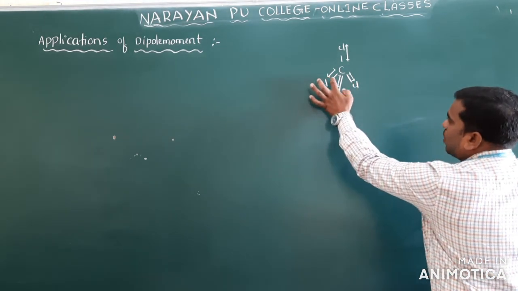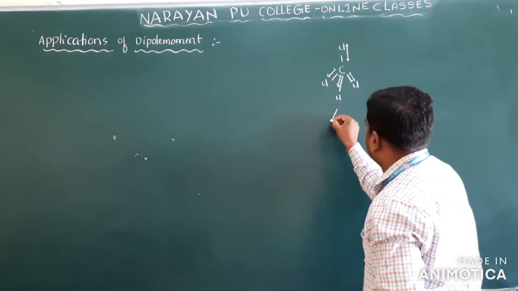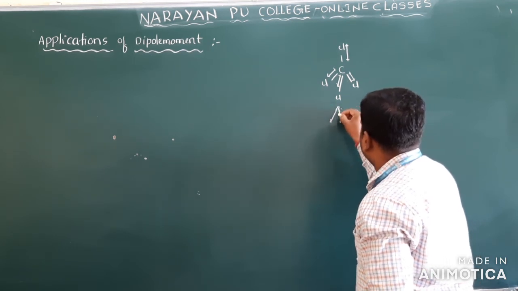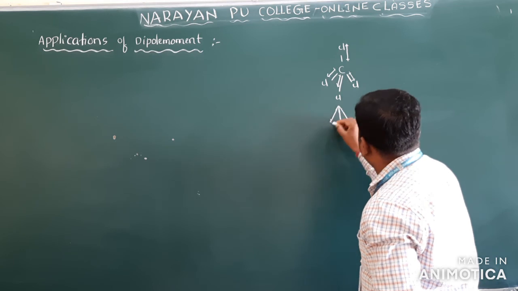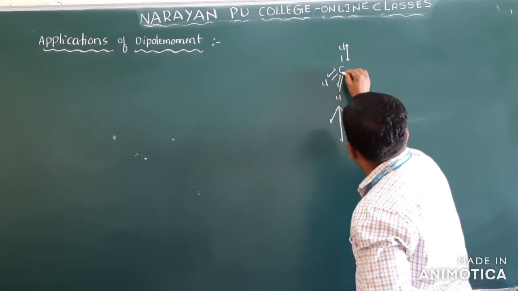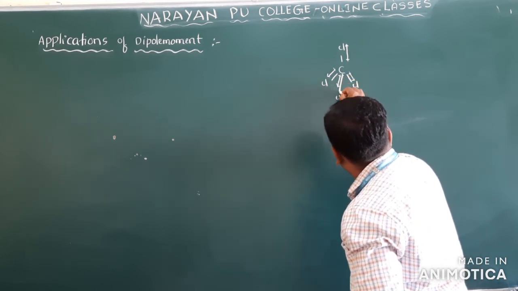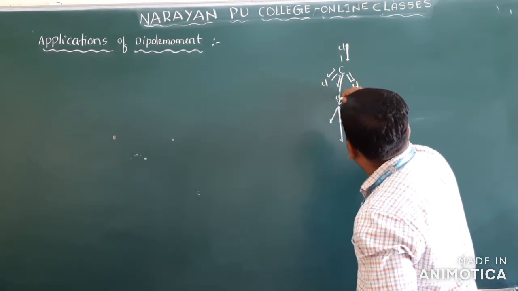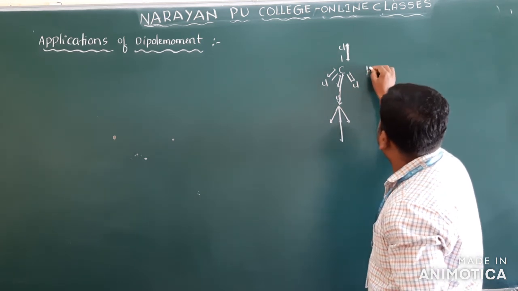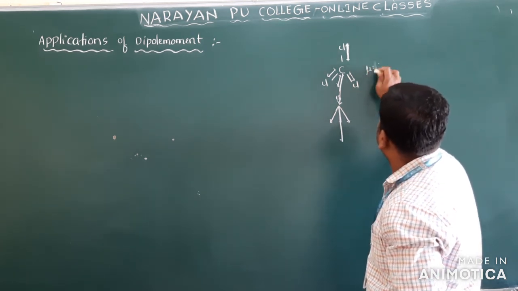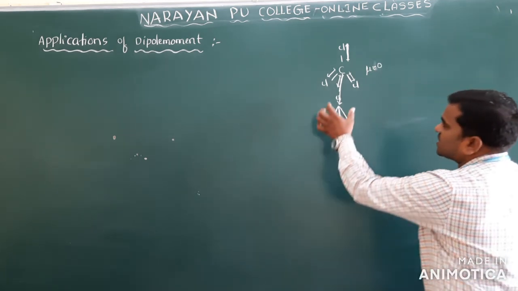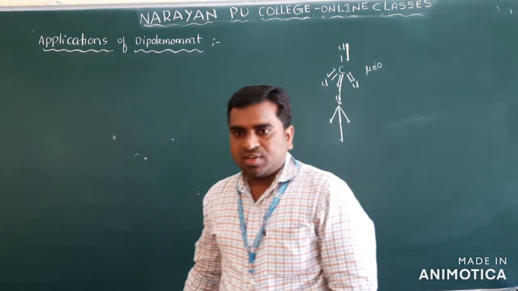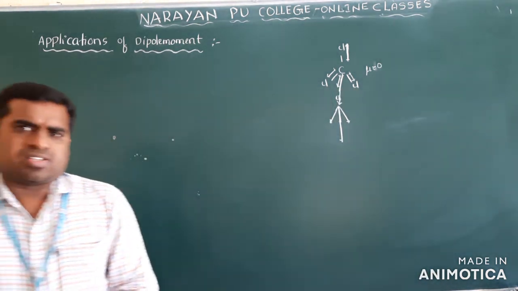The resultant of these three dipole moments is in this direction, and the fourth one is exactly opposite, so it will be cancelled. The net dipole moment will be equal to 0. So for a polyatomic molecule, the net dipole moment should be considered. I already explained that in the last class.